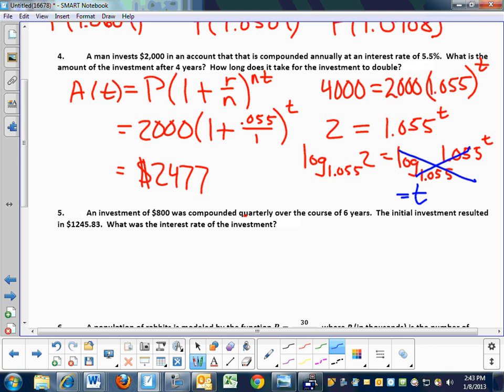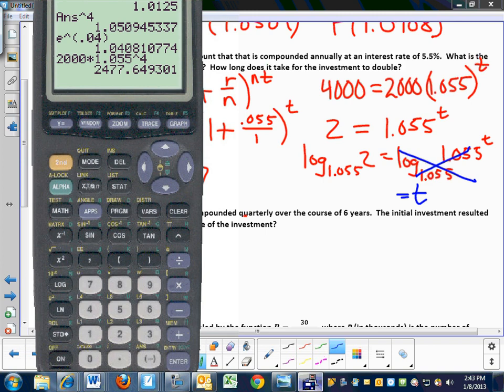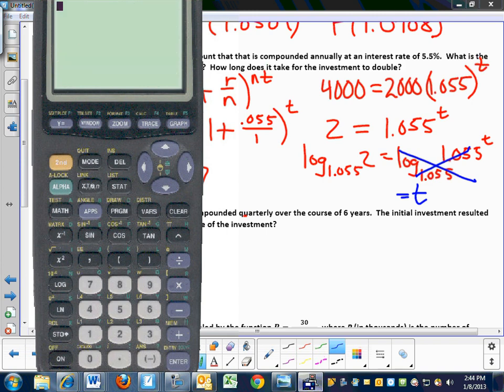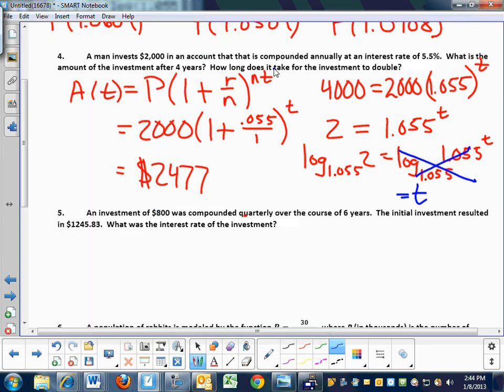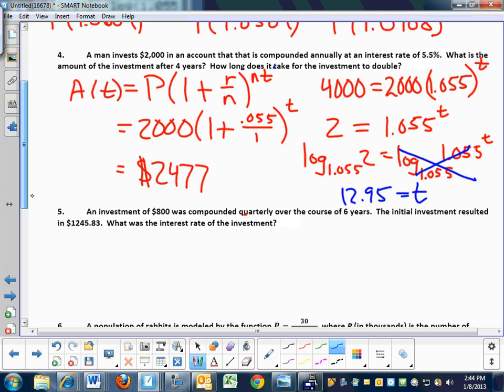And on the left, how do I figure out log base 1.055 of 2? Good. Log of 2 divided by log of 1.055. 12.95. So it's worth $2,477 after 4 years, and it'll take almost 13 years for it to double.